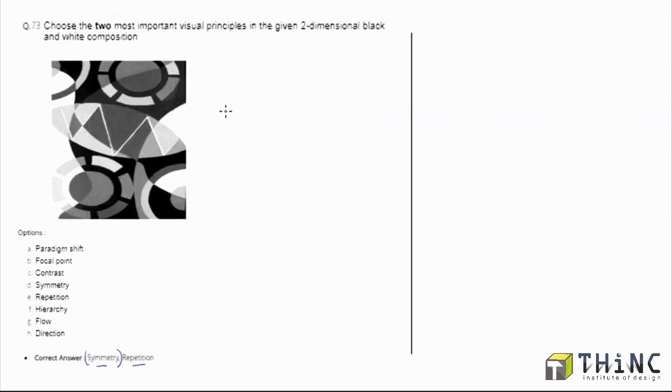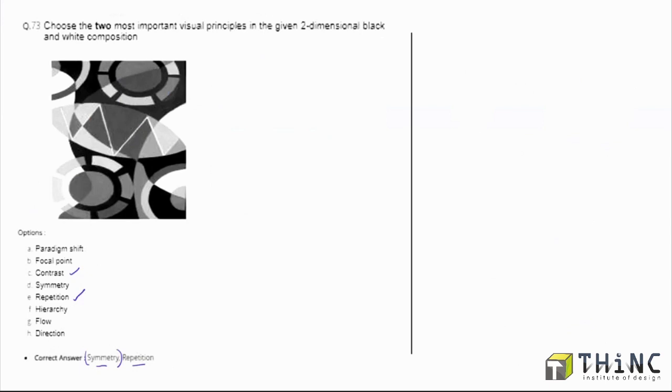I don't think there is a properly defined symmetry in this image, but it definitely has a very nice balance. Instead, the right option could have been contrast. This image definitely has wonderful contrast. There are a lot of elements with repetition in it. So the right option should be contrast and repetition.